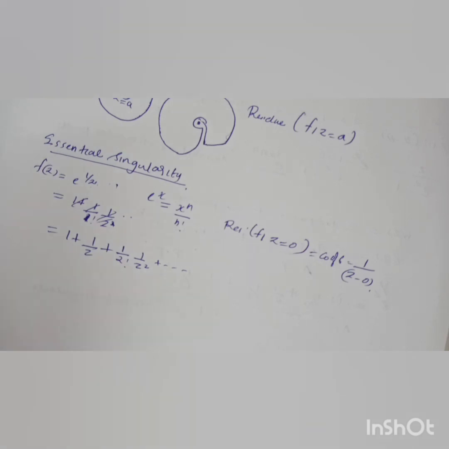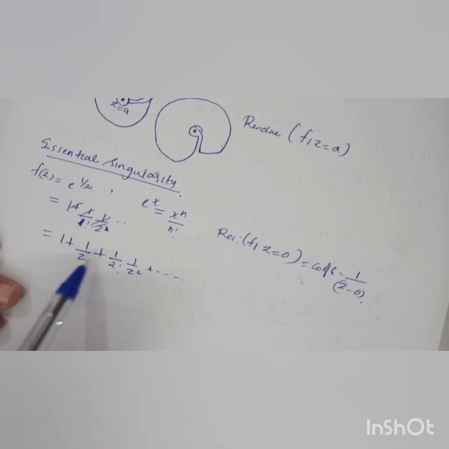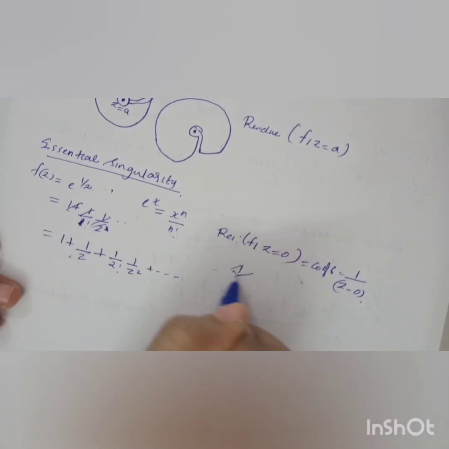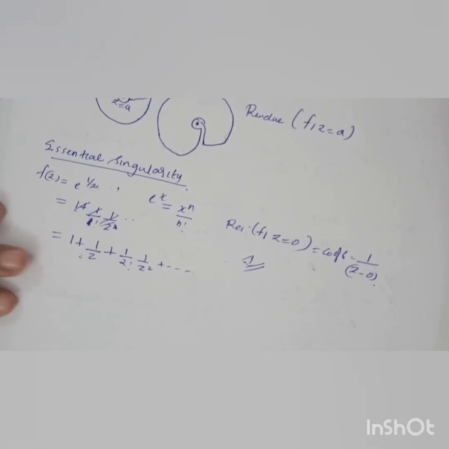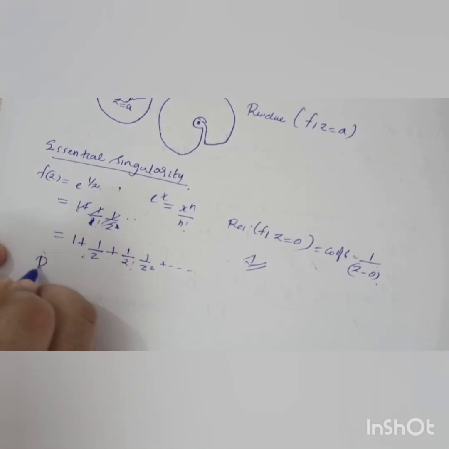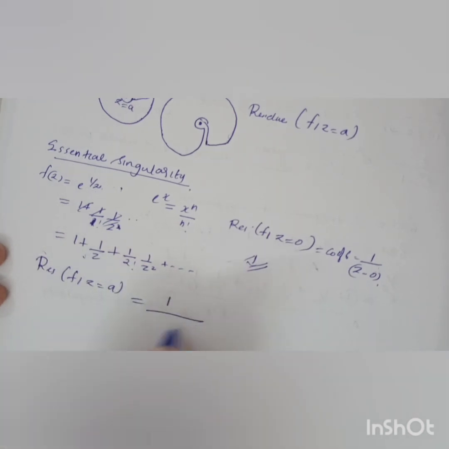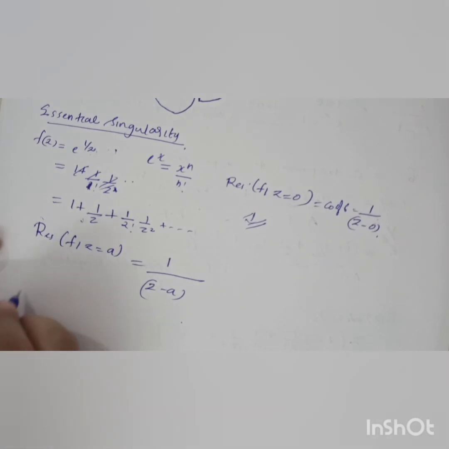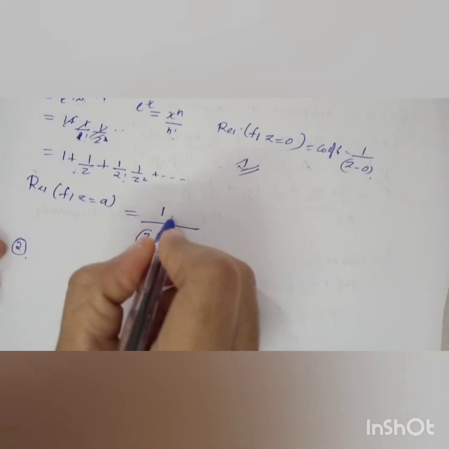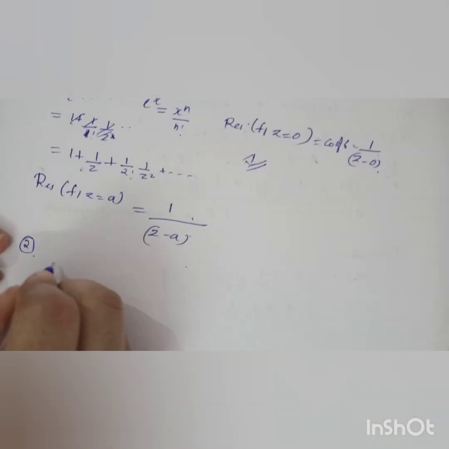In this expression, the coefficient of 1 by z is 1, so the residue is 1. So if you are considering an essential singular point, the residue of a function at z is equal to a will be the coefficient of 1 by z minus a. You have to do this problem by that method: the coefficient of 1 by z minus a, if this is an essential singularity.